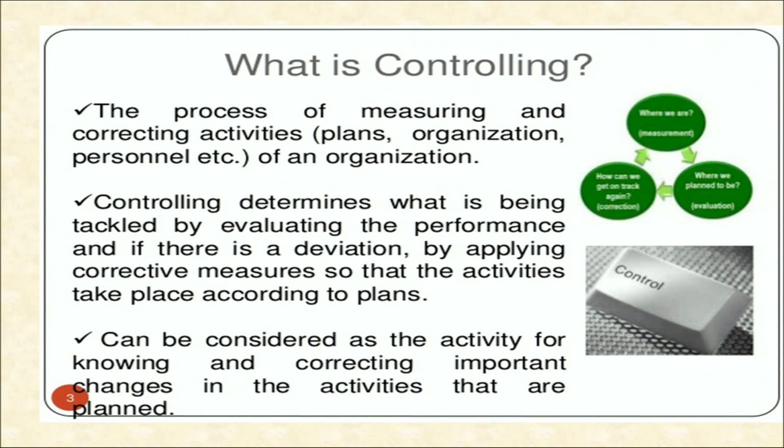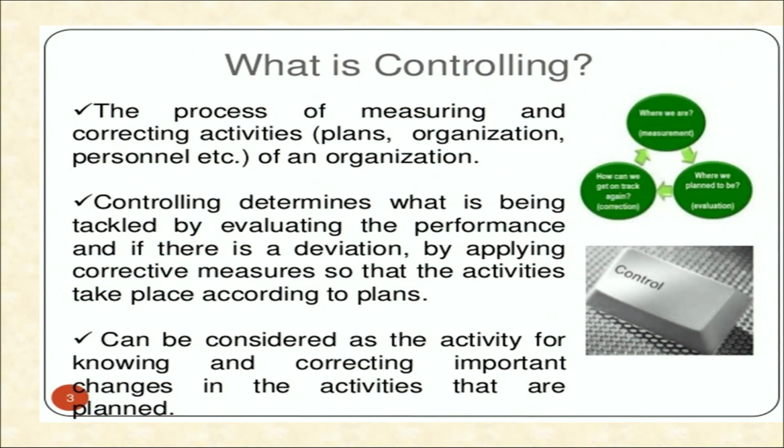Now what are these activities? These activities could be in the form of plans or organizational structures and divisions or the personnel of the organization. So it measures the various activities that have been undertaken by all the other functions of management.